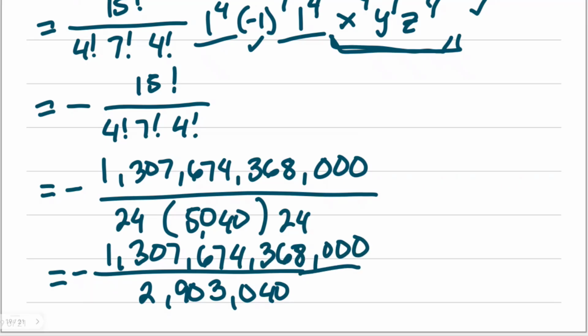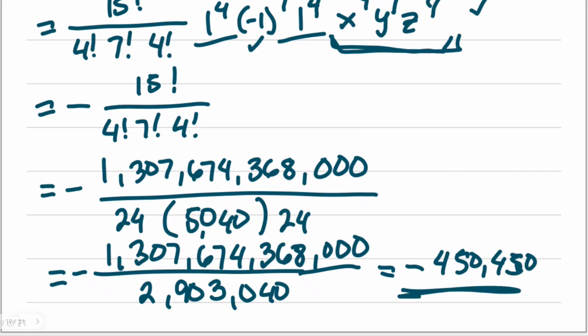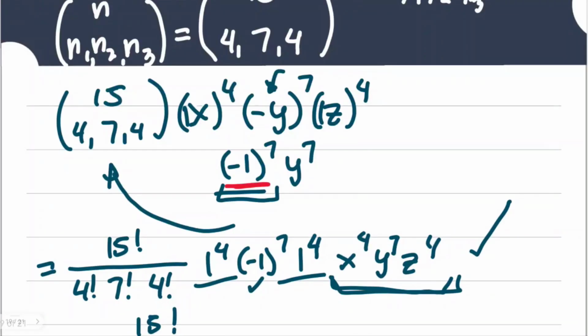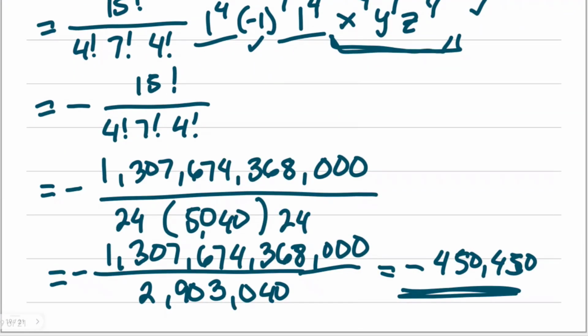So if we're going to divide that, take note it's negative, 1,307,674,368,000 divided by 2,903,040. You will get a result of negative 450,450. So if you're not going to consider the negative sign as part of the process here, that will be positive, obviously very incorrect.